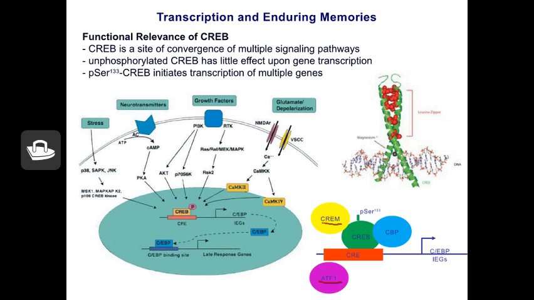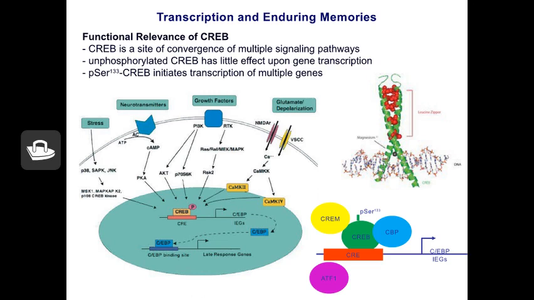The assembly of this transcriptional complex at the CRE leads to activation of additional downstream genes known as CEBPs and IEGs. CEBPs are CCAAT enhancer binding proteins, and IEGs are immediate early genes.